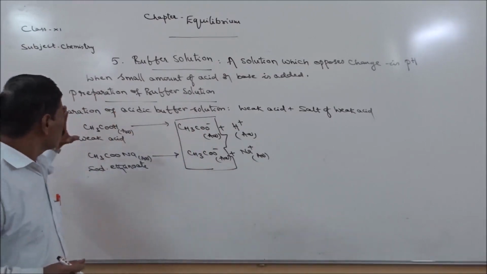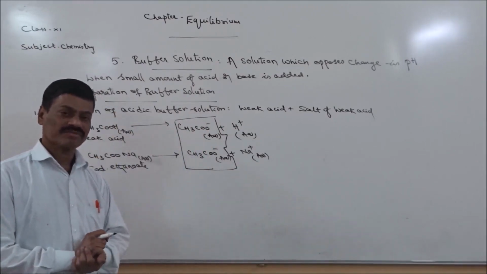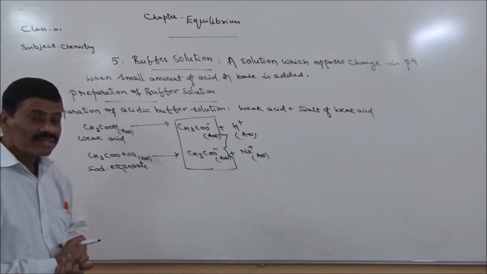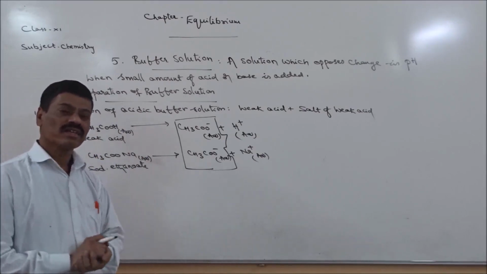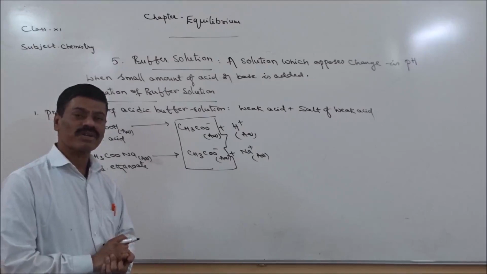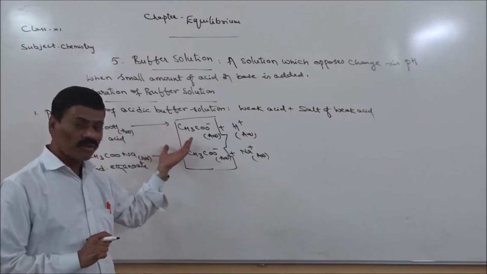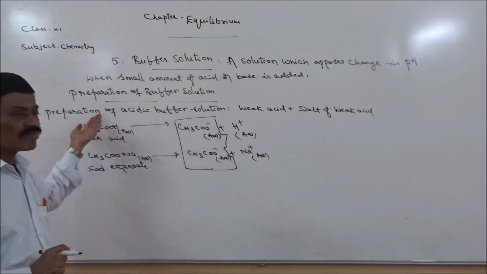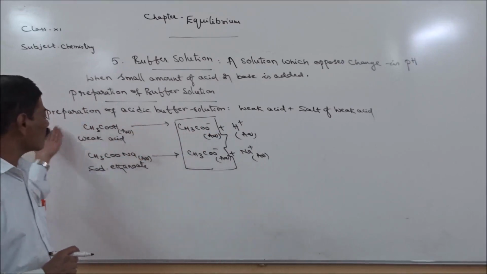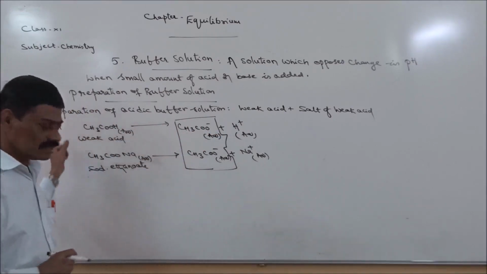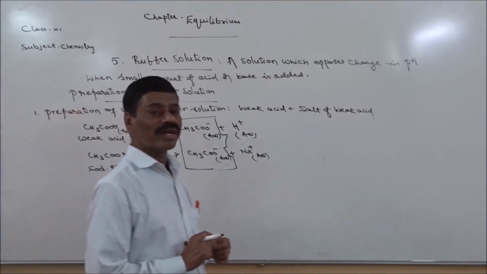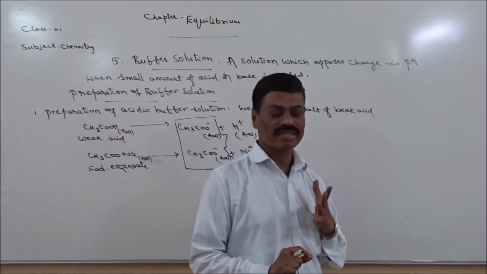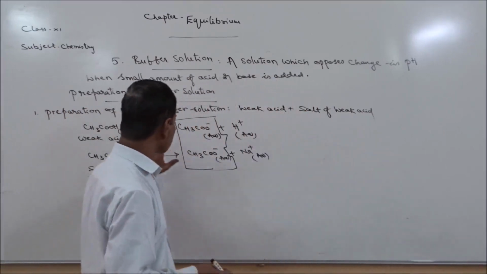Now, if I add any acidic substance in small quantity, that acidic substance will donate proton that will react with ethanoate and the reaction will occur in backward direction, thereby forming ethanoic acid, thereby maintaining the same pH. Hope this is clear to you.